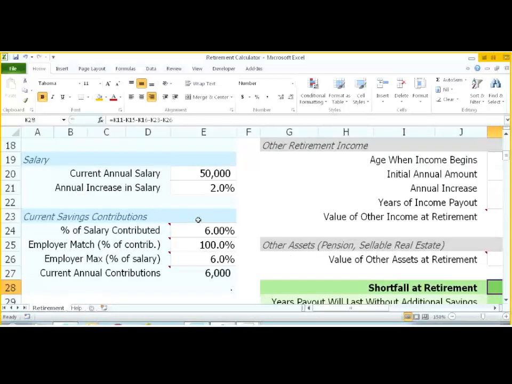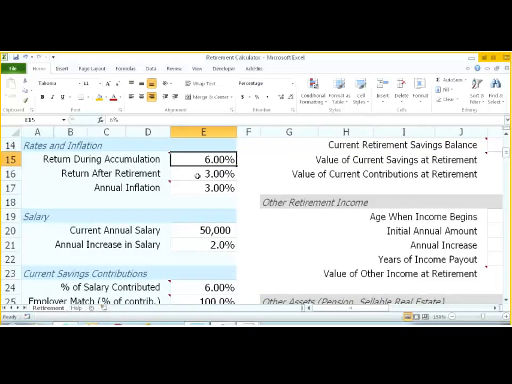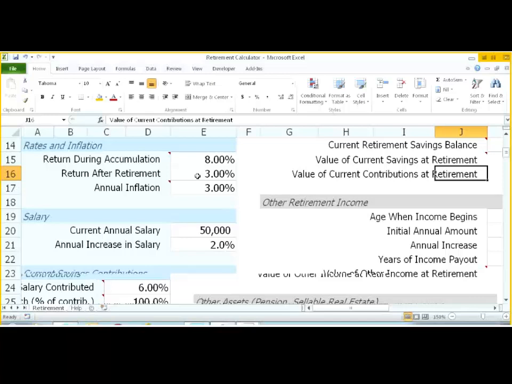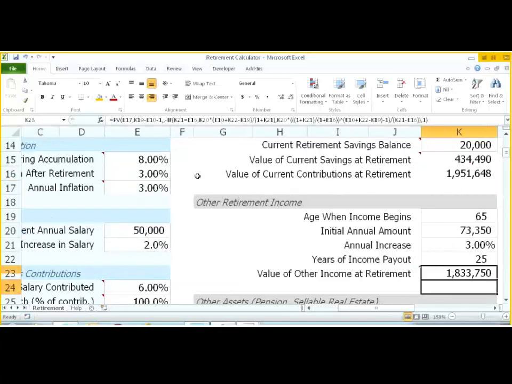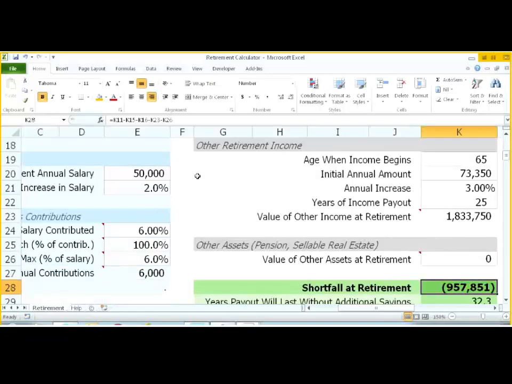So if I could choose an investment which gave me a better rate of return, I go to this part of my spreadsheet, let's say I got 8% instead of 6%. And then I go back here. Now it tells me I'm $1 million ahead. So going from 6% to 8% return on my investment is a huge driver.